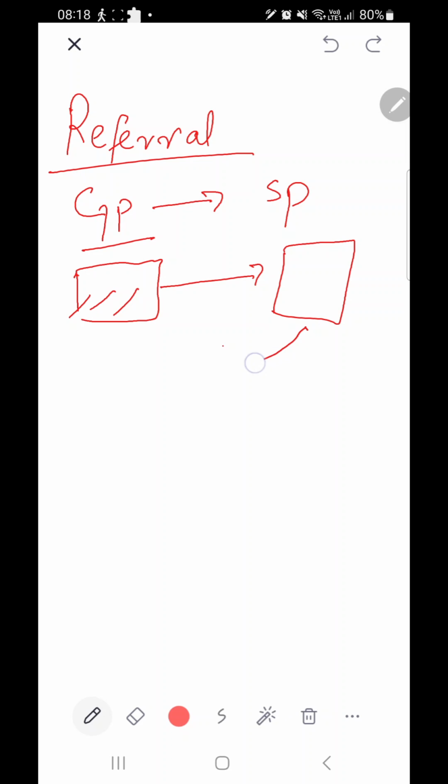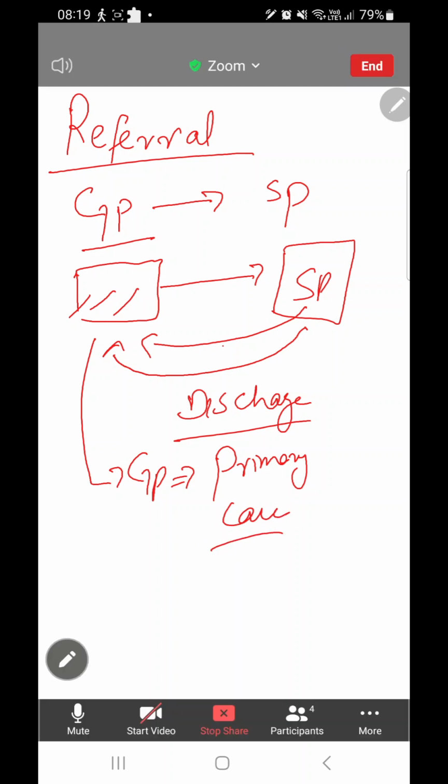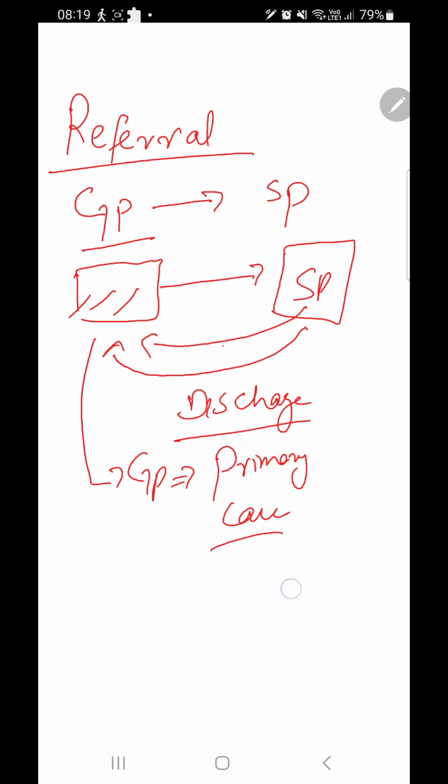Discharge is the flip side of that. In discharge letter, now the specialist is writing back to the GP. So in medicine, most of the time, the GP is the primary care physician to whom you're writing this letter back. So basically, the specialist is writing back this letter to the primary care physician.